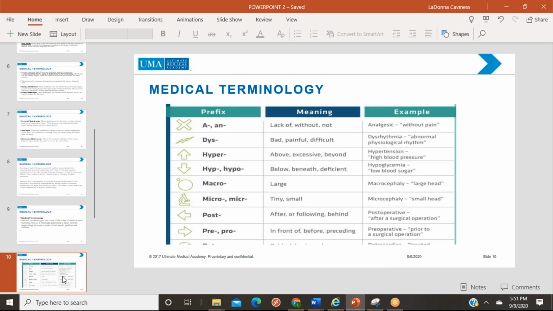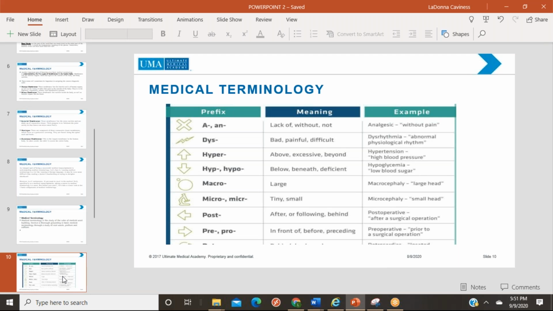Hyper, again, guys, is high, above, excessive. That example, again, is hypertension. Hypo, or hyp, means below, beneath, or deficient, and equals hypoglycemia, which is low blood sugar. So hypo is the opposite of hyper.